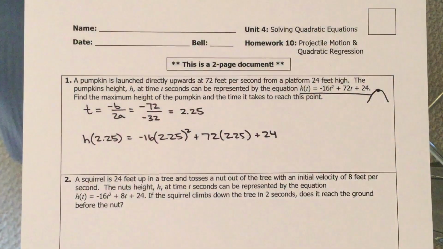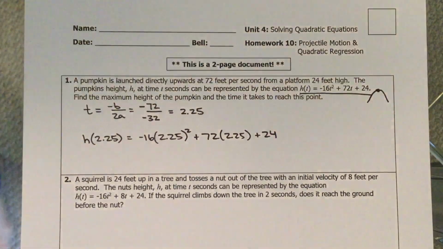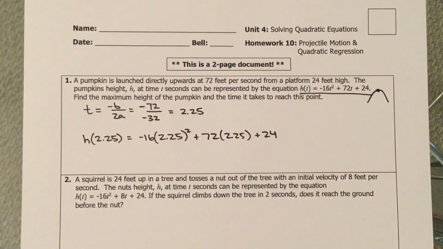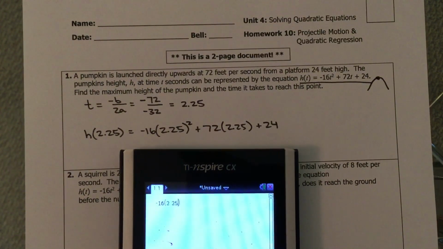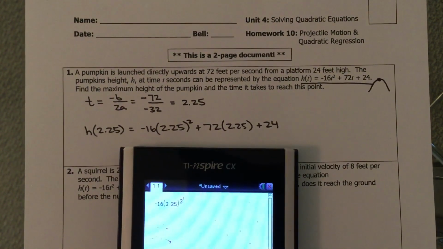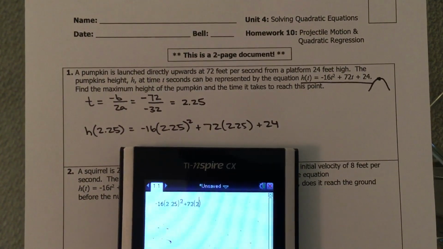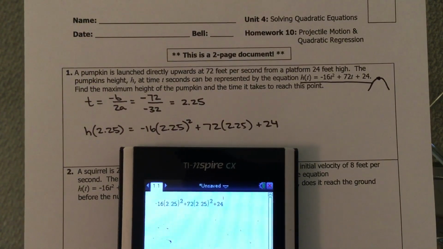Oh, sorry, my calculator's over here. There we go. Sorry, misplaced calculator. So we are going to take this expression, negative 16 times 2.25 squared, plus 72 times 2.25, and then plus 24. So we sub that in, and this is the value we're going to get.